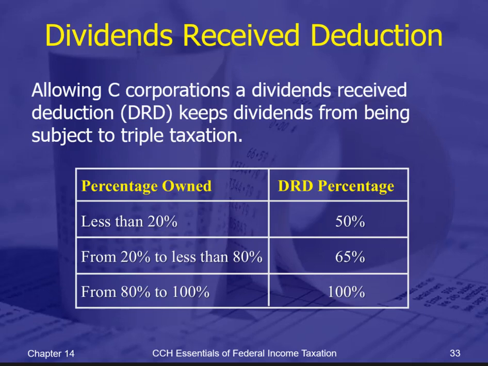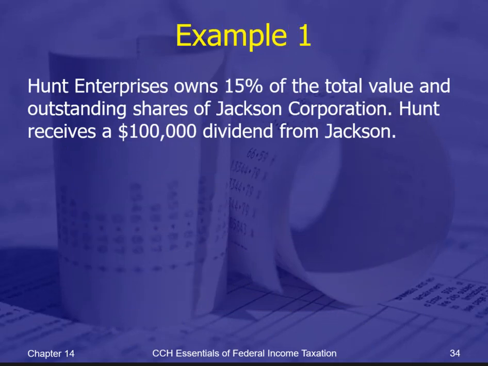So you end up paying tax on half, not the whole thing. Now, as you own more and more of the corporation, the percentage that you get to deduct goes up to the point where if you're over 80%, you add the dividends in, but then you get a deduction for the whole amount. So it's as if you didn't receive them at all. But only if you're over 80%. Anything less than that, there's going to be some part of it included in your taxes.